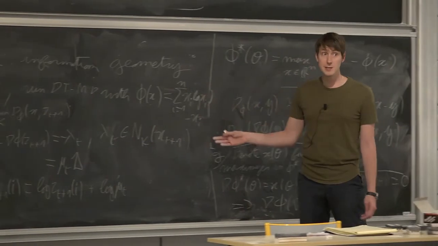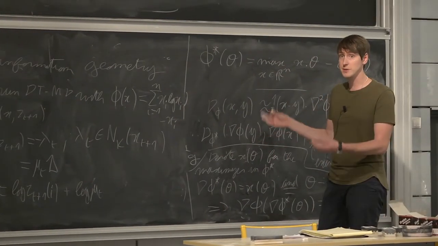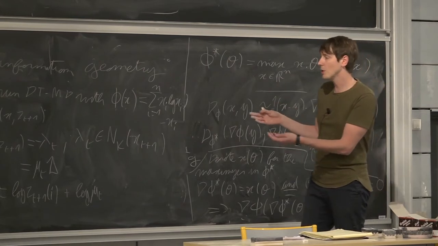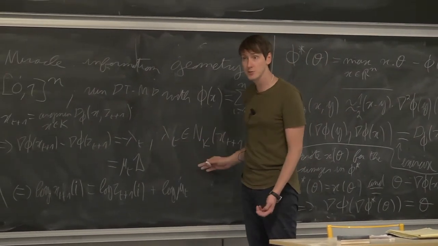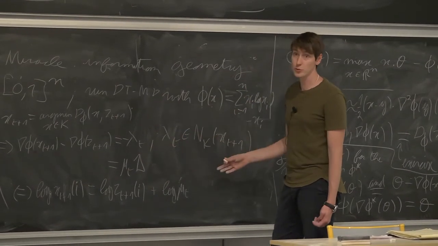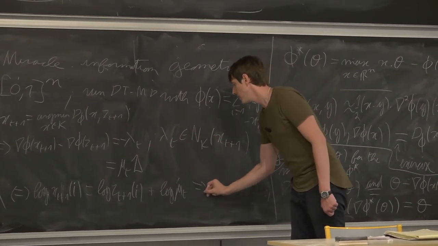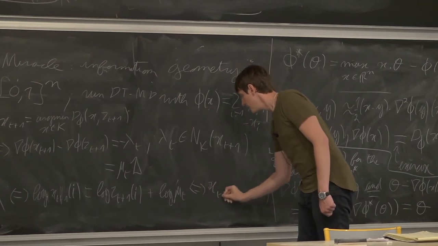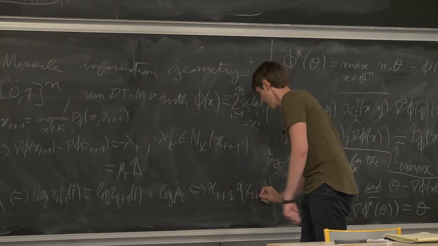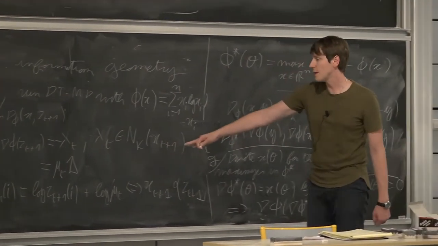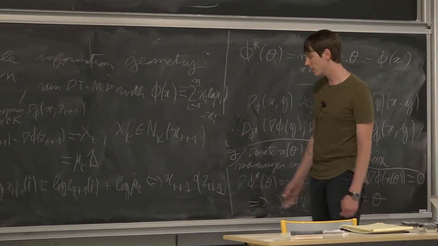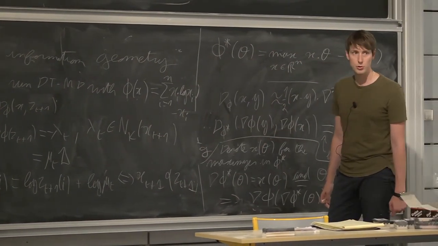So multiplicatively, x_{t+1} is just z_{t+1} times a constant. So x_{t+1} is proportional to z_{t+1}. That's the same thing as saying you have an added constant in terms of the log. It just means that the two vectors are proportional to each other.